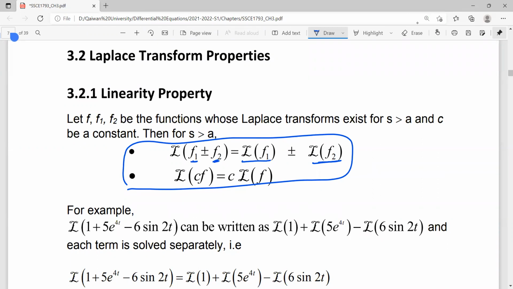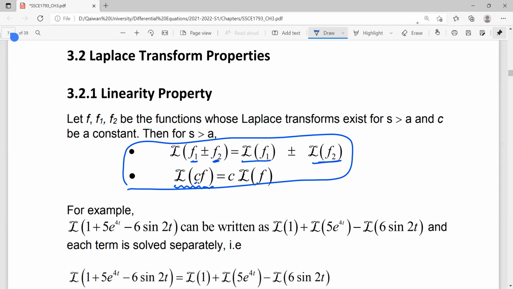We take the Laplace transform for each function separately. Then, if it is addition, we add the results, and if it's subtraction, we subtract the results. And if we have a constant which is multiplied by a function, if we take its Laplace transform, we can take the constant out of the Laplace transform, then take the Laplace transform.